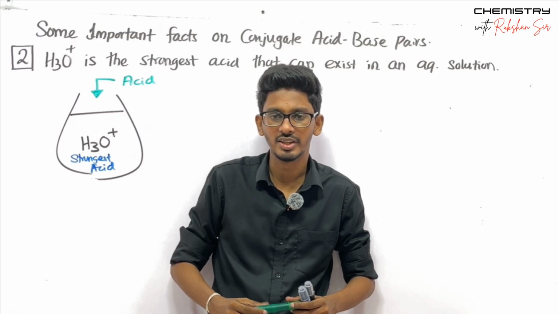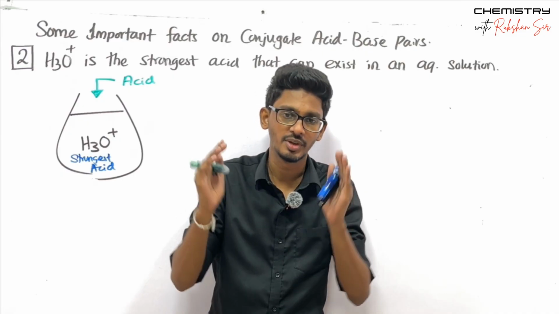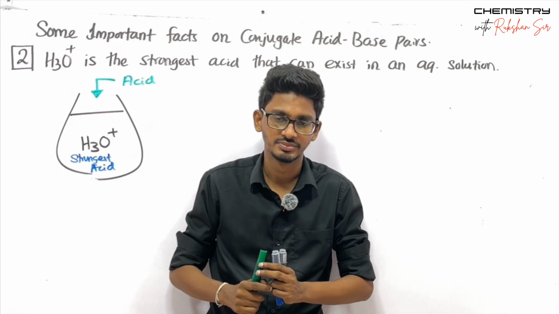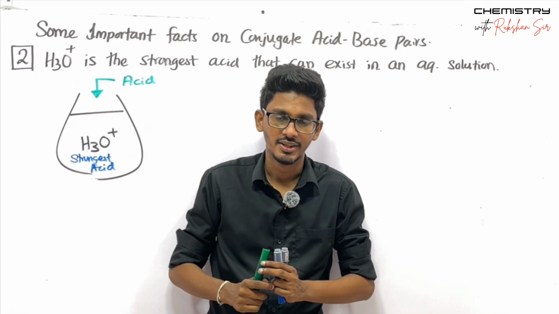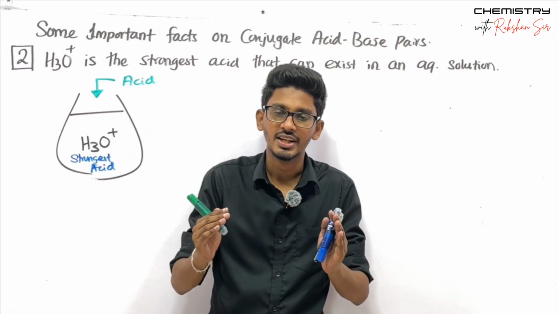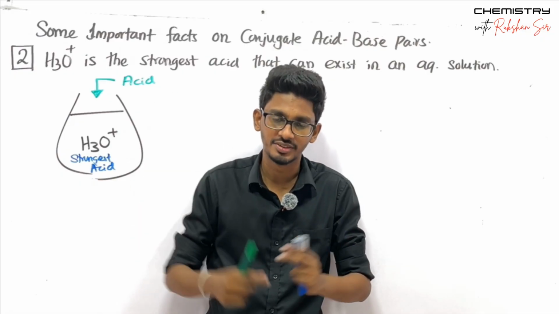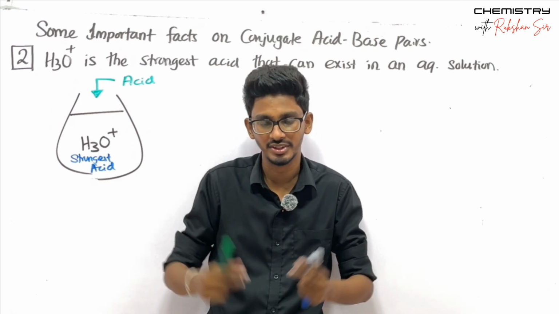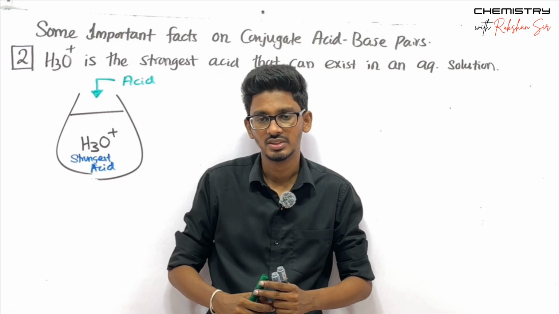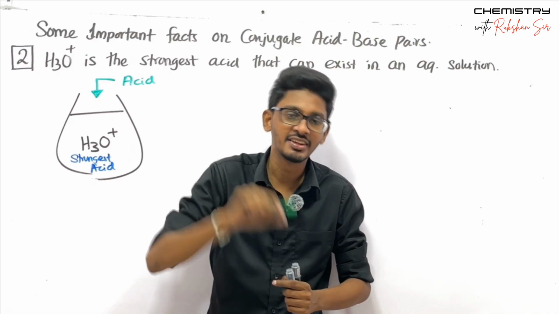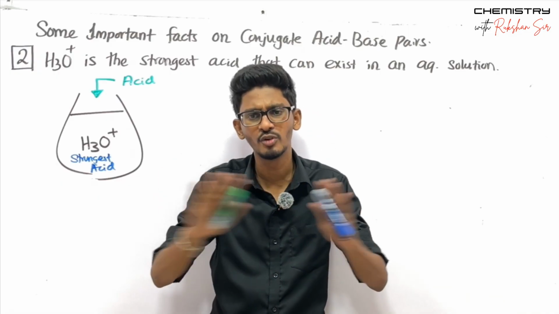So H2O+ is the strongest acid that can appear in an aqueous solution. If you have to add some acid with greater acidity than H2O+, it can't last in the aqueous solution even for a moment. But if you are adding some acid weaker than H2O+, no worries.